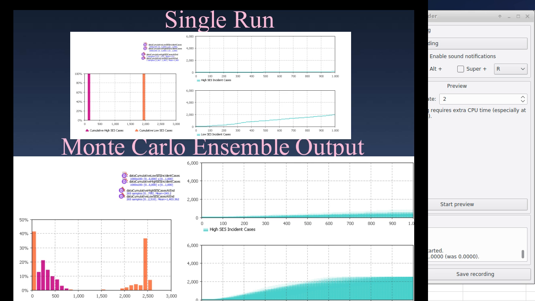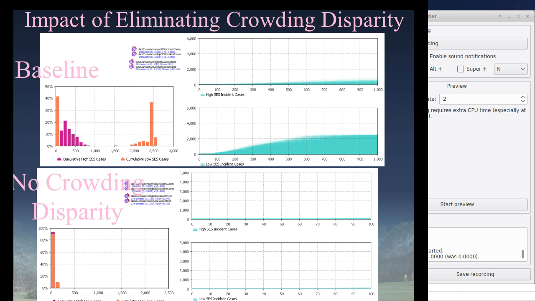But you'll notice there's certain regularities here. The low SES people tend to be afflicted by a much higher burden in terms of the number of cases than the high SES. And there's differences of degree from run to run, but similarity. And if we look at behavior over time, we'll create these sort of 2D histograms here. So we'll see some more about this.